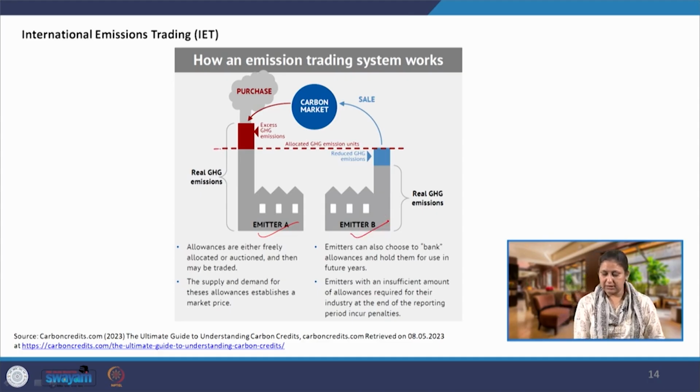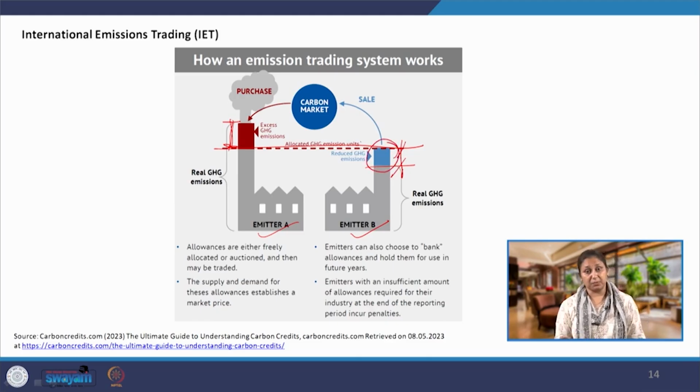This is the baseline for allocated GHG emission units, and there are models to determine that. Now, emitter A actually emits more than its allowed GHG emissions, and emitter B emits less. So, this is the credit that emitter B has earned. These are the units that it has earned, and it can sell these units in the carbon market, the international emissions market, through this mechanism, IET.